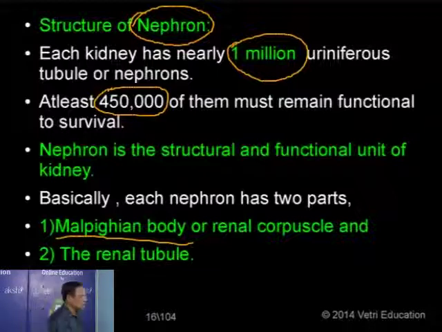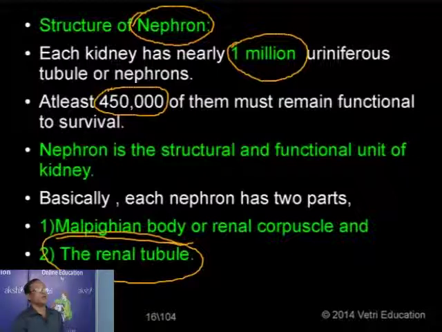Another component is the renal tubule, meant for reabsorption and also for conveying the filtrate gradually to form urine towards the pelvis region. So each nephron is formed of a Malpighian body, the place of filtration, and a renal tubule for conveying the filtrate towards the pelvis. And before that, various events are happening, particularly the reabsorption of useful materials.